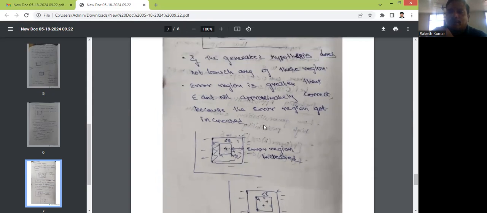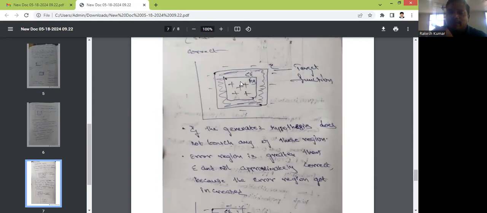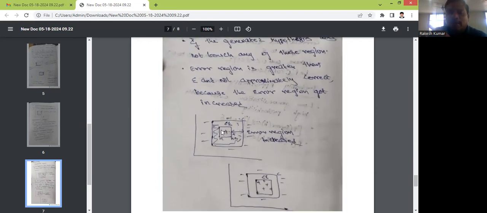Already in the previous one, if you see this, we have only a small error region. Whenever we are not training the data sets properly, the error region will be increased a lot. Here we have only one place and all the others come outside, so this error region has been increased. If we are not training the machine with a proper data set, the error region will be increased more and more.